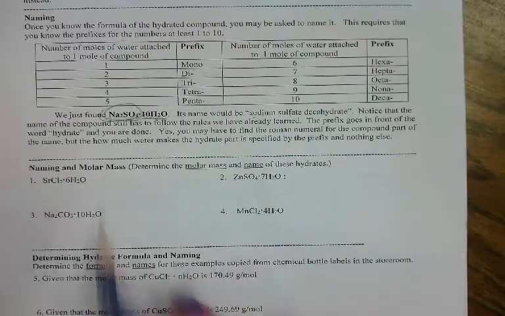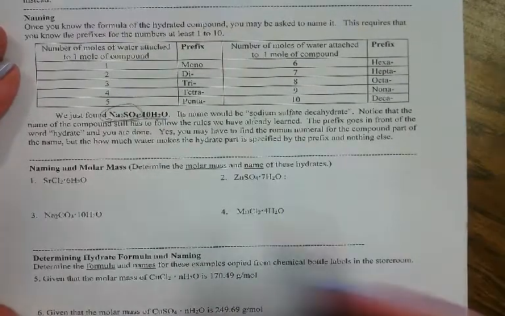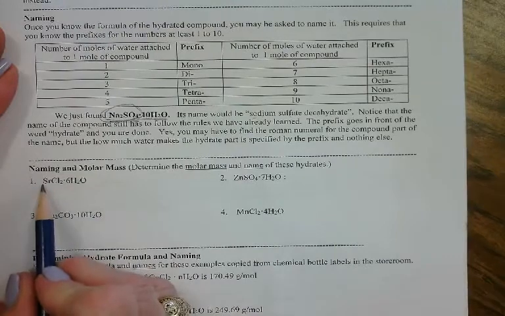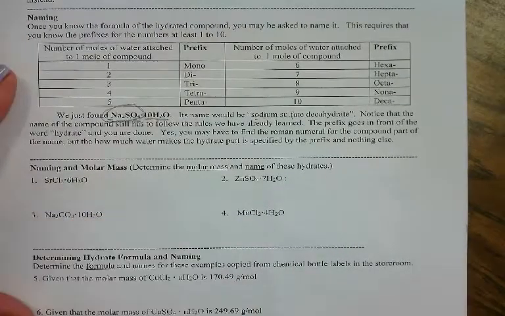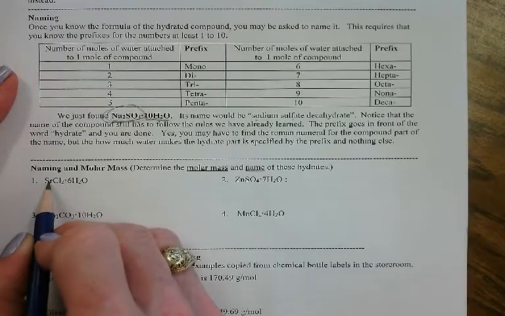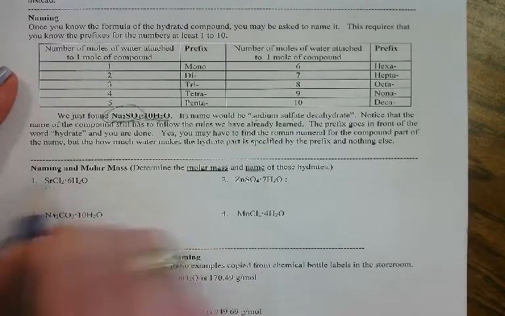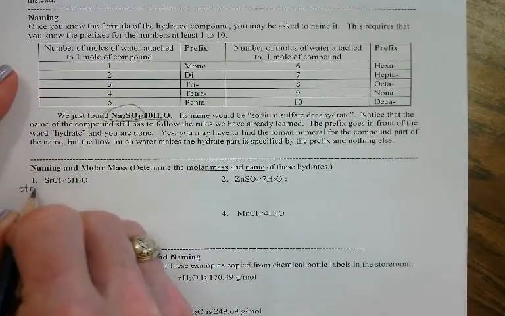So I'm going to name these 4 down here, and then we're going to do the molar mass for one of them. So strontium is not a transition metal. It's a metal in group 2, so this is an ionic compound. And since it's not a transition metal, it doesn't get a Roman numeral. You just name this thing. So this is strontium chloride.